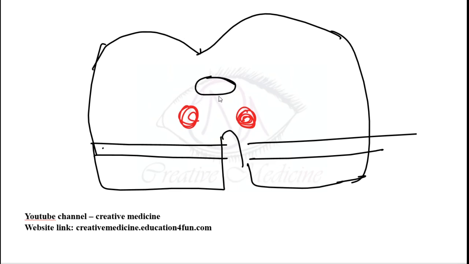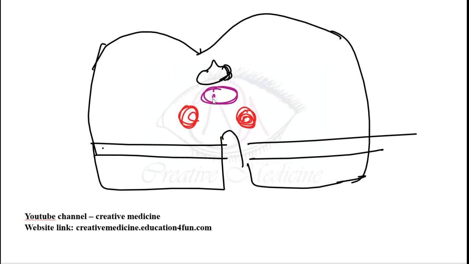And then there will be third. This is the cerebral aqueduct. And here you will see the third nerve nucleus, which is the Edinger-Westphal nucleus.